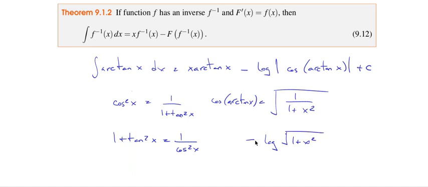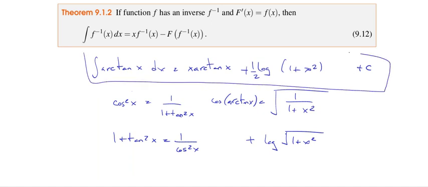But minus minus is plus, so you have plus the logarithm of the square root of 1 plus x squared, or in other words, we have 1/2 outside the logarithm of 1 plus x squared plus c. That is the primitive of the arctangent.